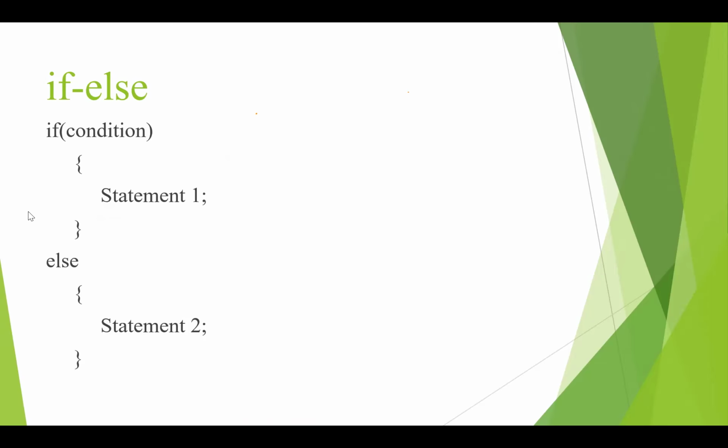If the condition is false, then it comes to the else block and statement 2 is executed. That means based on the condition, we execute either statement 1 or statement 2. Statement 1 belongs to the true block, and statement 2 belongs to the false block. So this is if else.